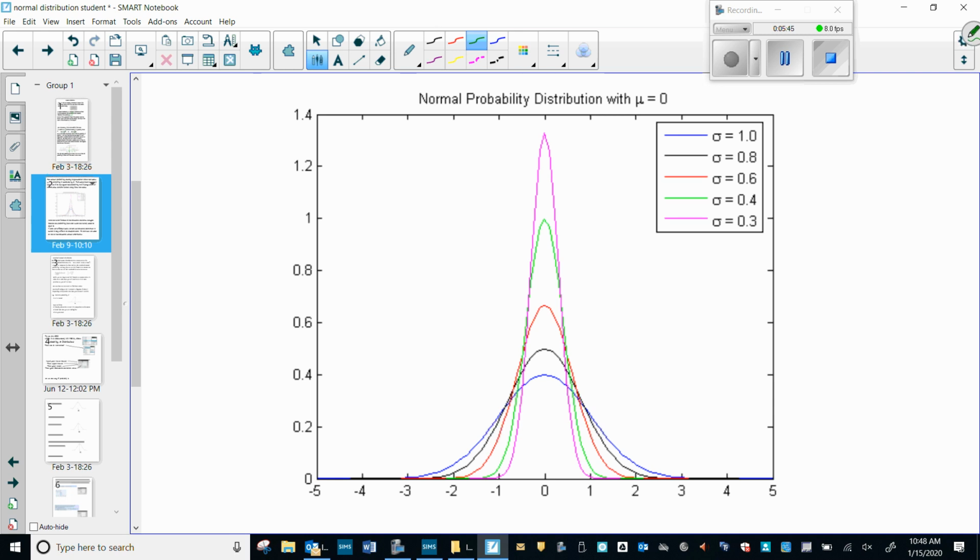It's a really tall and narrow one because my standard deviation is small. As your standard deviation gets bigger and bigger, that's when the bell-shaped curve stretches out. Again, not important, but I thought it was interesting.